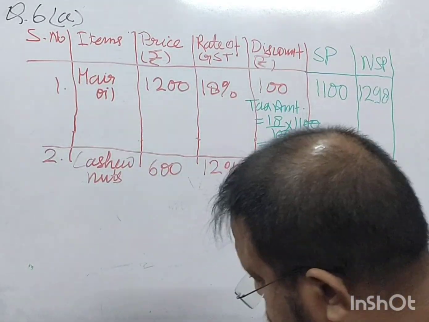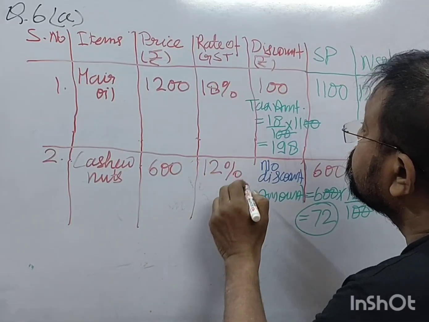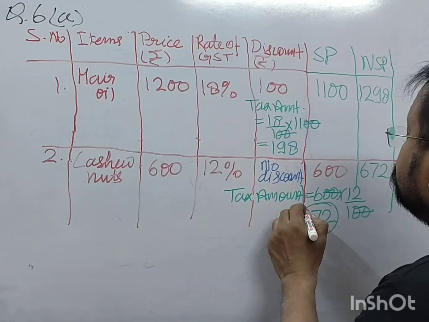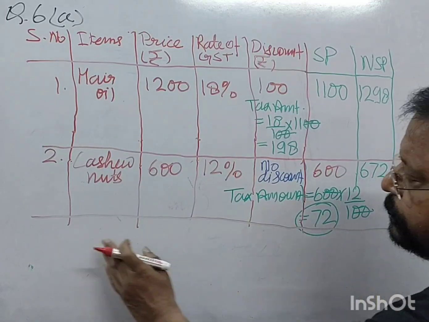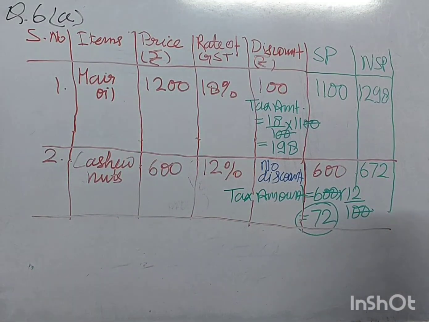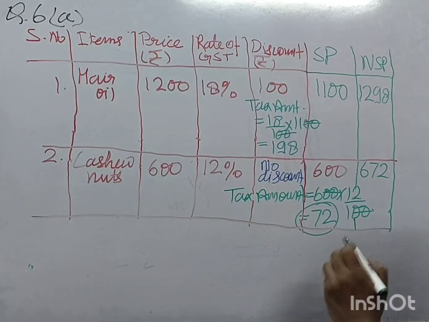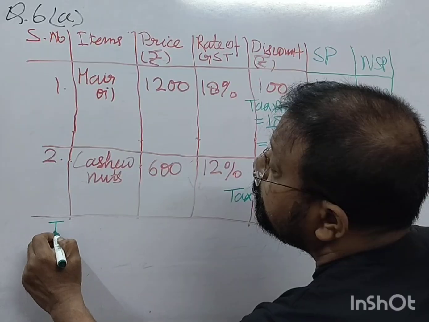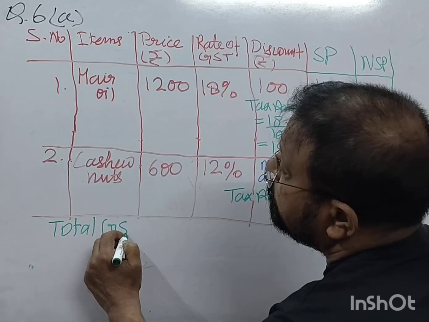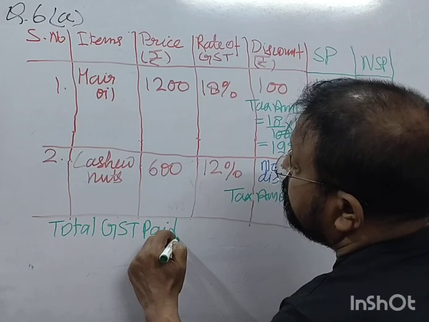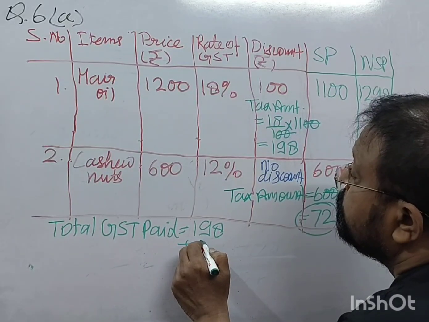Right, 672, and so total GST paid is equal to 198 plus 72.